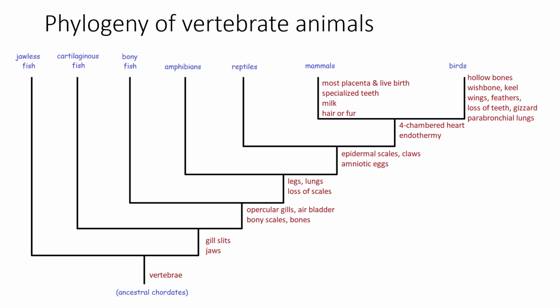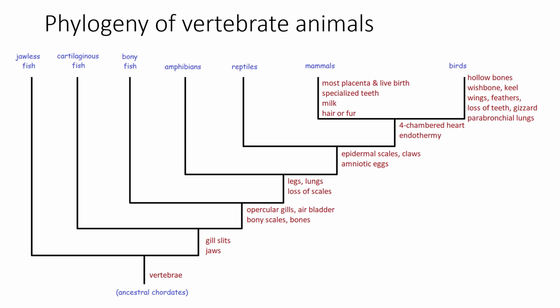They produce milk, that's the defining feature of mammals. Mammals also have specialized teeth, incisors, canines, molars. And most mammals give live birth. The embryo receives nutrients from the mother through the placenta, and then the mother eventually gives live birth to a more developed animal.